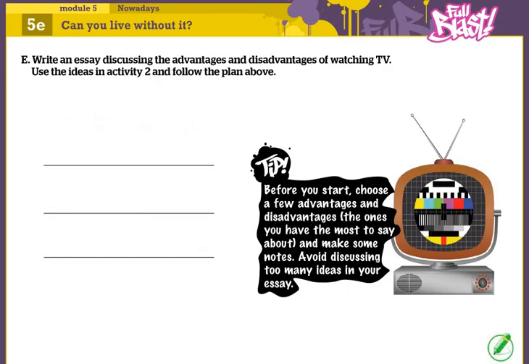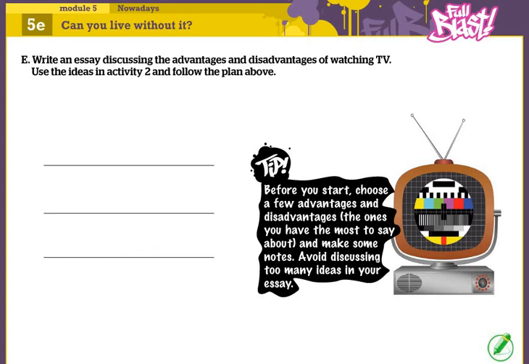Then when you finish, this is the main part of our lesson. So write an essay discussing the advantages and the disadvantages of watching TV, right? Don't discuss the TV itself. Discuss watching TV, right? Use the ideas in activity 2 and follow the plan above.